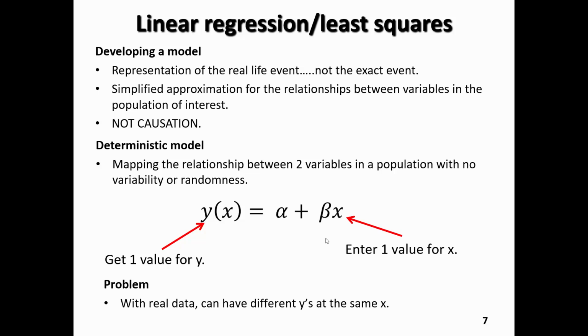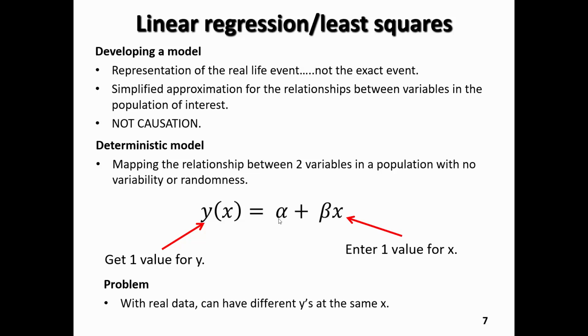Then I run the equation again and input a 5, and the next time I might get a 12. That's the issue when we deal with real data. We don't always get the same outcome when trying to predict the relationship between those two variables.